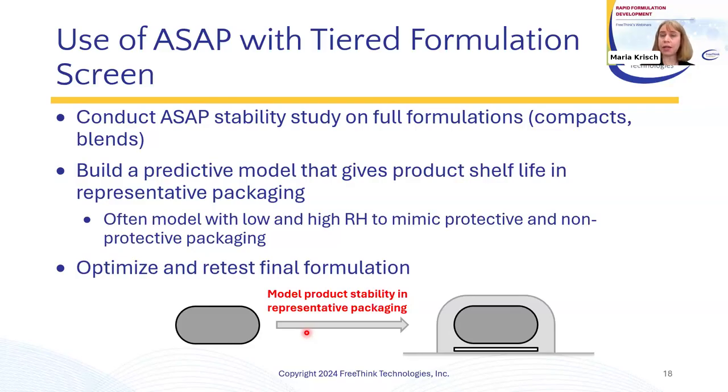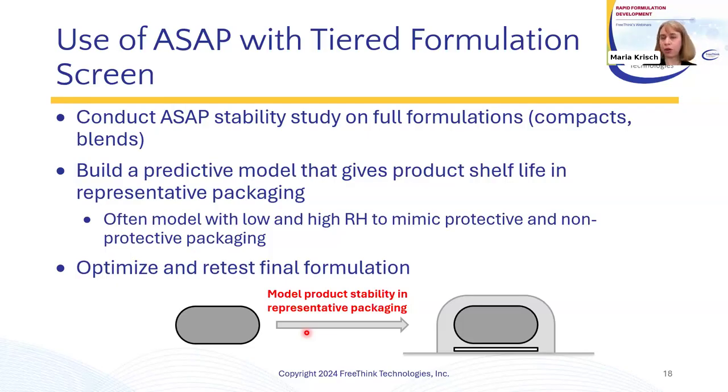We conduct an ASAP study with temperature and RH as variables on all of the full formulations. From each of those studies, we build a predictive model that gives product shelf life in representative packaging. Again, this model has two variables, temperature and RH. I think of the role of packaging as basically modifying RH. Your temperature is set by your climate zone, but your RH can be modified by your packaging.